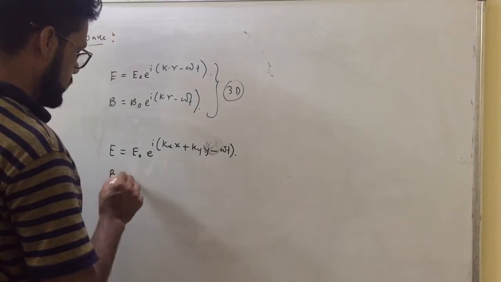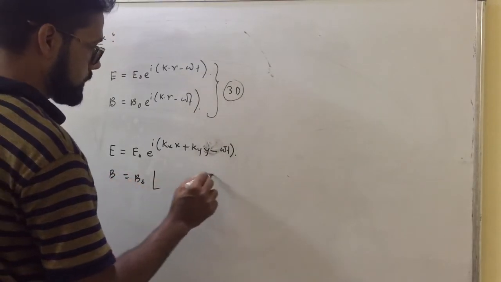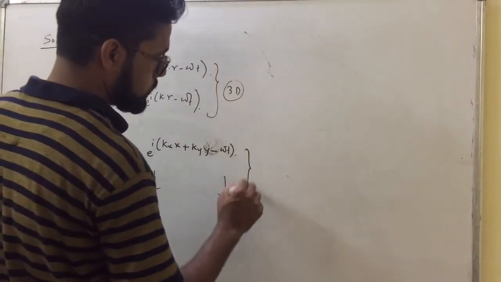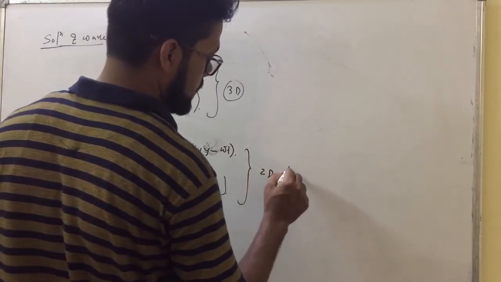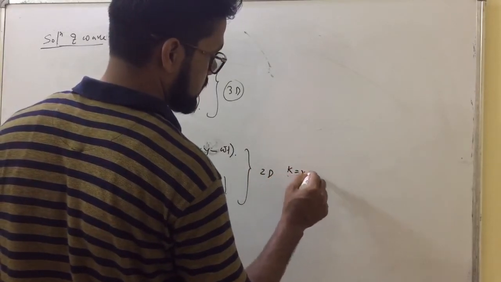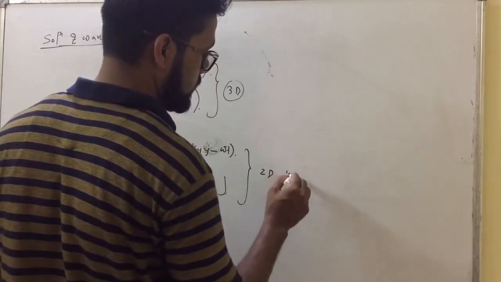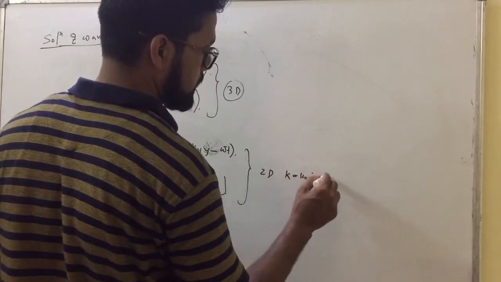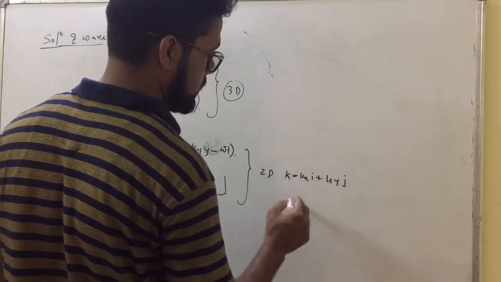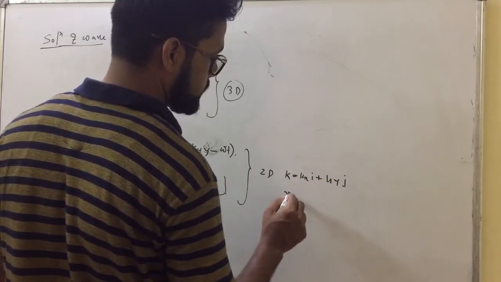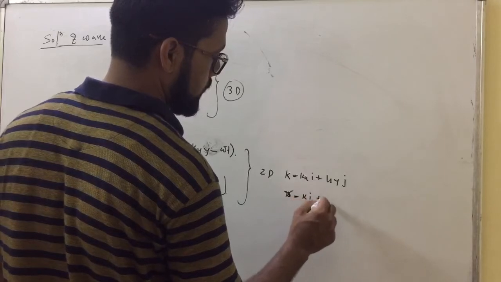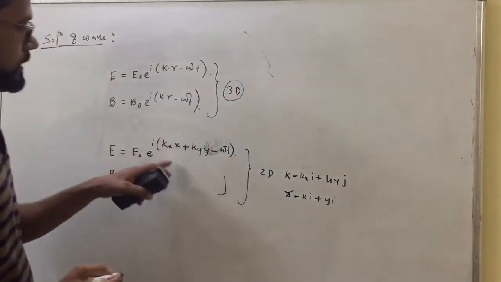Similarly, B equals B naught, this part remains the same. Why this two-dimensional solution? K equals kx i vector plus ky j vector, and r equals x i plus y j. If you take the dot product, then you will find this.